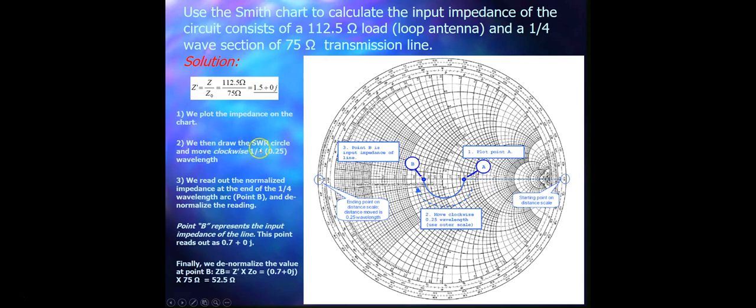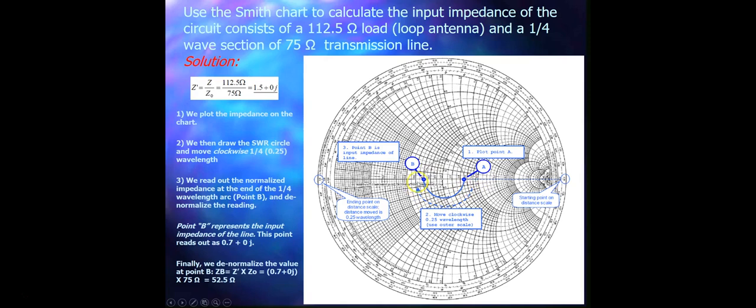Now we plot the impedance on the chart. Next we draw the standing wave circle and move clockwise 1/4 wavelength, which comes out to be 0.25. When you move clockwise from this point, you get 0.25 of the wavelength, and this 1/4 wavelength you can also say is basically 180 degrees.